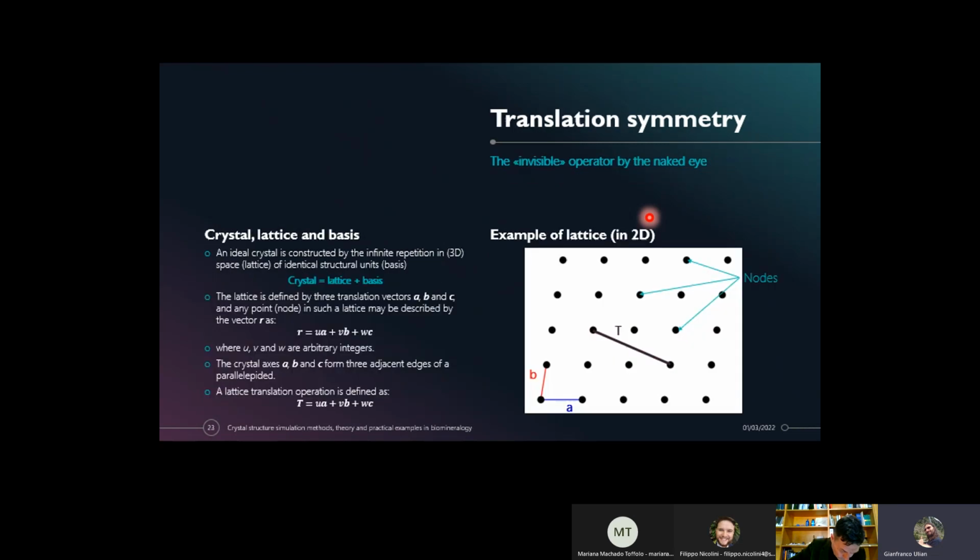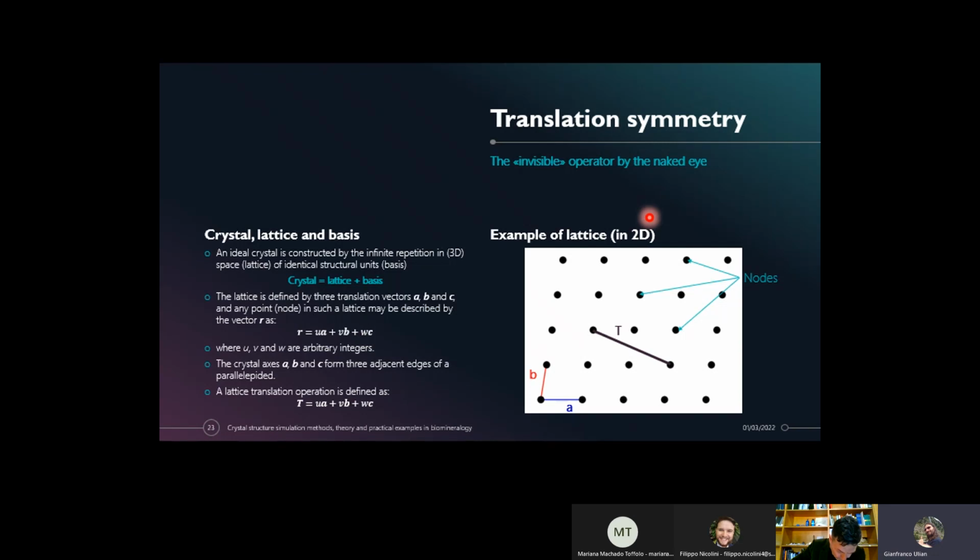Let's start with the translational symmetry, which historically is the most recent one. Translational symmetry was determined by X-ray crystallography. This is an operator invisible to the naked eye. Why? Let's take, for example, this cell phone. Does it have a repetition in the three-dimensional space? No. It means it is not repeated in space. It is an object.